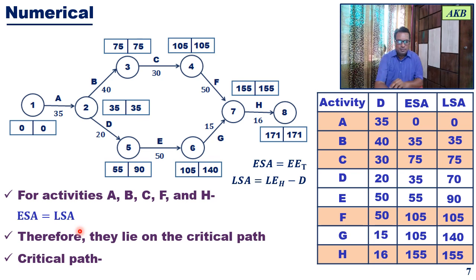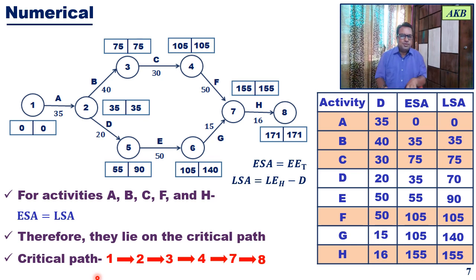If you follow this, you'll come to know that the critical path is from event 1 to event 2, from event 2 to event 3, from event 3 to event 4, from event 4 to event 5, from event 4 to event 7. Event 5 is not falling on the critical path. So from event 4 to event 7, and finally from event 7 to event 8.